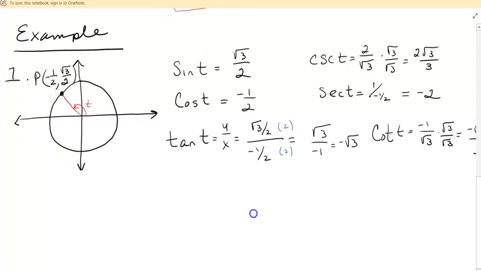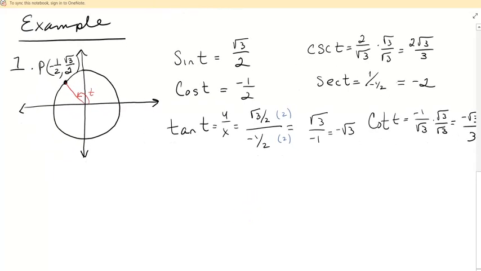So given that one single point, we can actually utilize our new definitions for our trig functions on a unit circle. Now, why can we do this? Because you are actually given a unit circle.